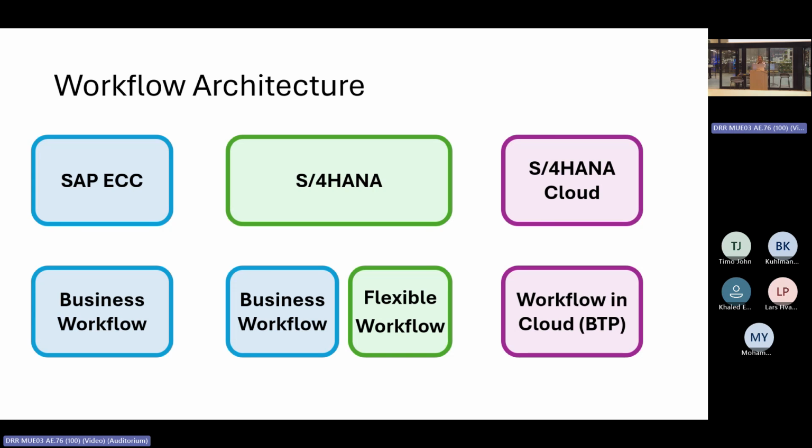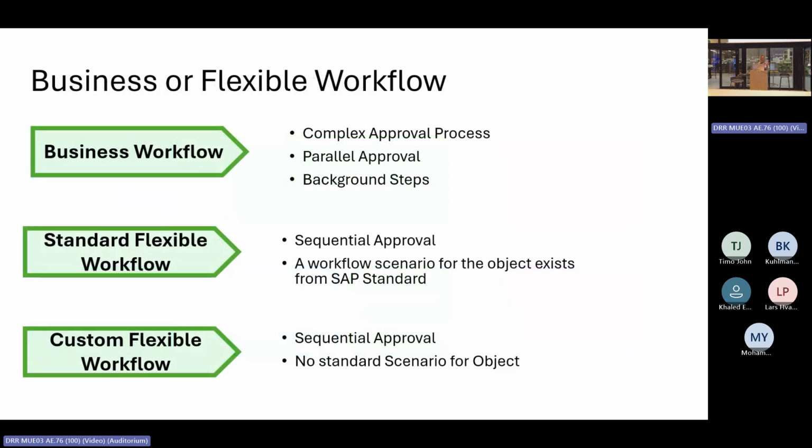Okay, so let's see the difference. You can find a lot of blog posts with the difference between business and flexible workflow. I would really concentrate on some test cases, some examples. So business workflow is for complex approval processes when we have parallel approval and background steps.